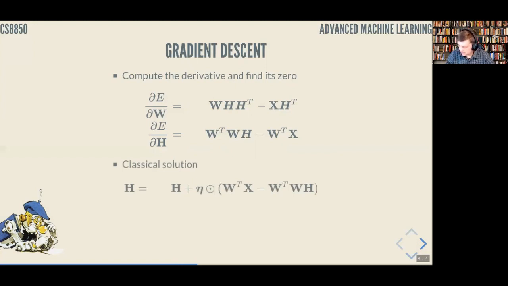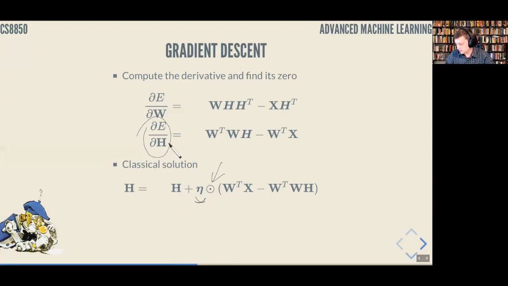And we can just do the classical solution, gradient descent. If our eta is just a single number, then this is simply a product, but I want a learning rate. This is just a gradient descent learning rate. So H minus a positive learning rate, but I'm assuming the learning rate can be negative as well or anything.